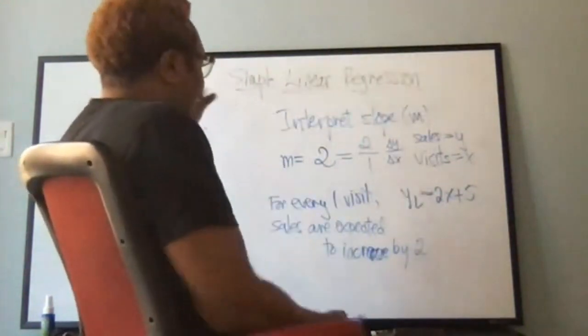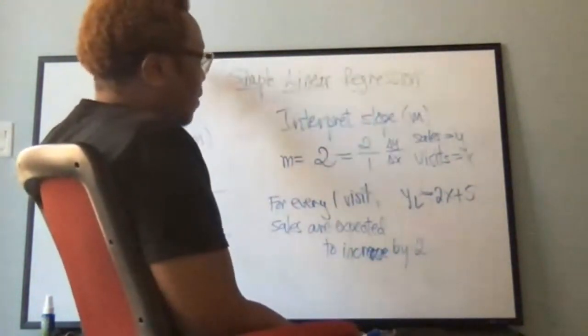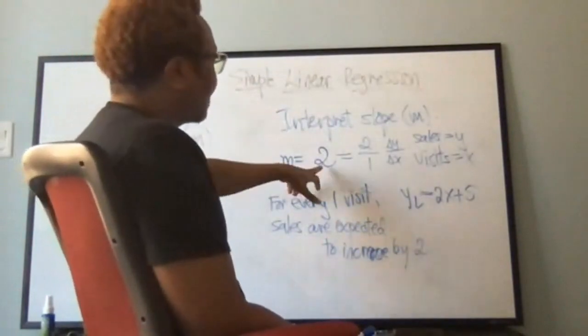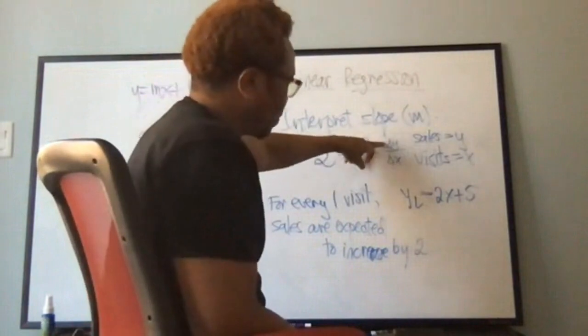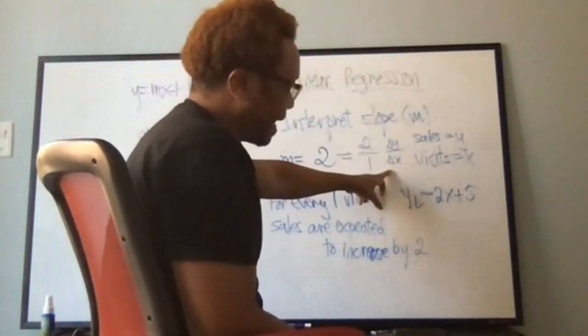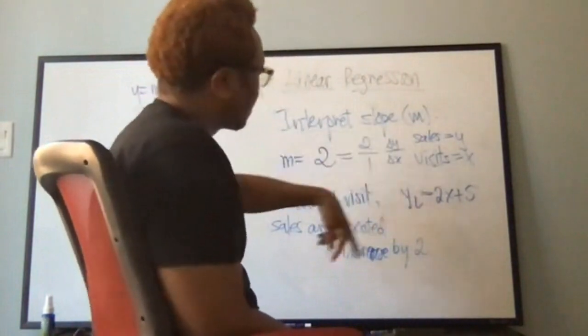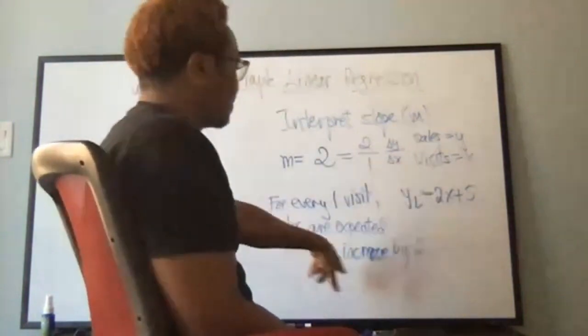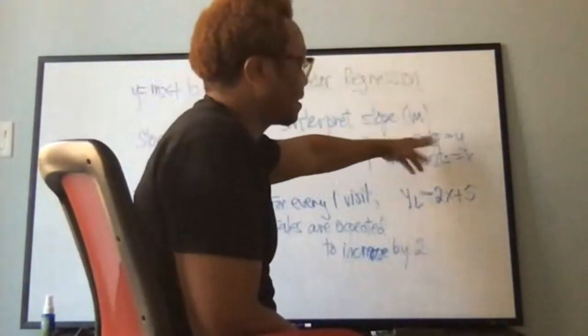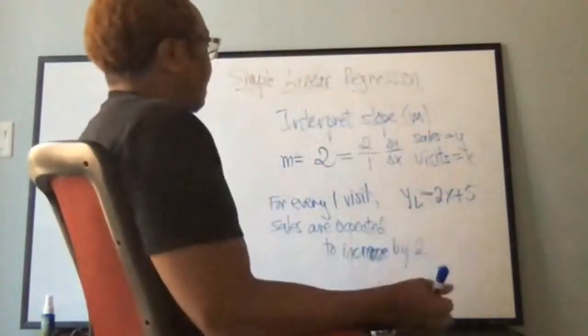But essentially, in this most basic case, what I'm doing is interpreting 2 over 1 as it relates to what's going on with the y over what's going on with the x. So for every one visit, sales are expected to increase by 2. You're talking about something with the x and the y.